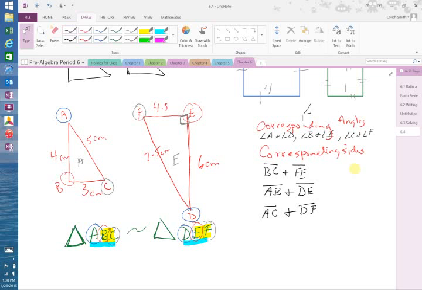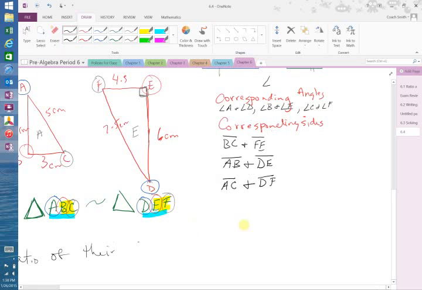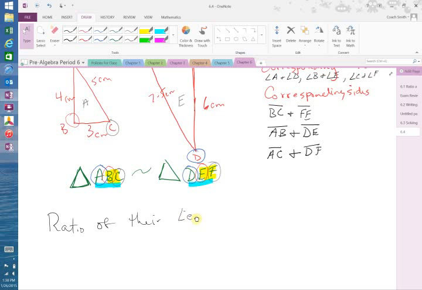Now, since they're similar, I also want to know the ratio of their lengths. To figure the ratio of their lengths, here's what you're going to do.